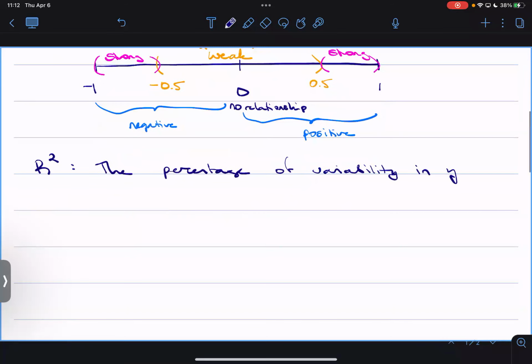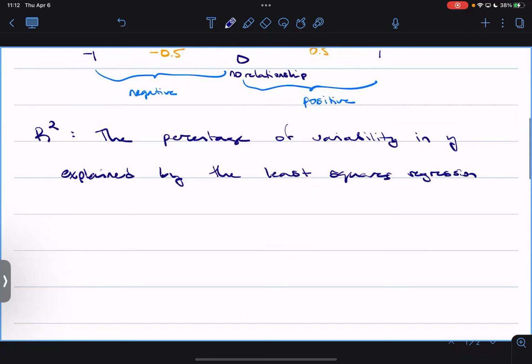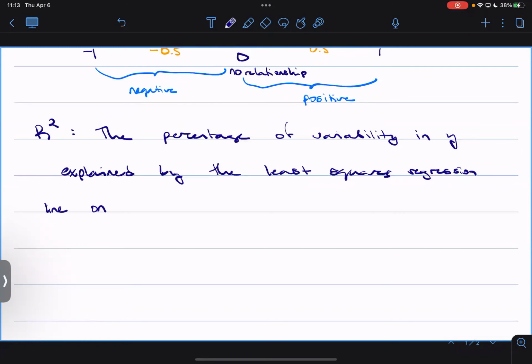in Y explained by the least squares regression line on X. You can tell it's jumping ahead a little bit because we haven't truly introduced the least squares regression line, but it's the line of best fit.